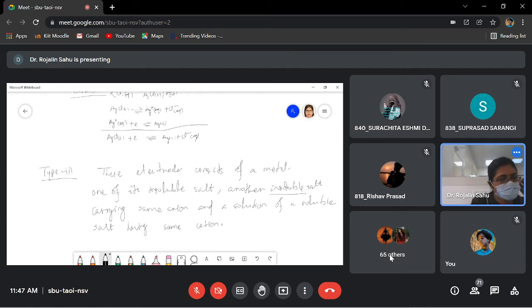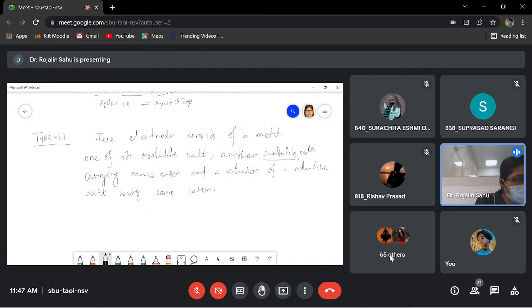So these electrodes are reversible with respect to the cation. Two cations.